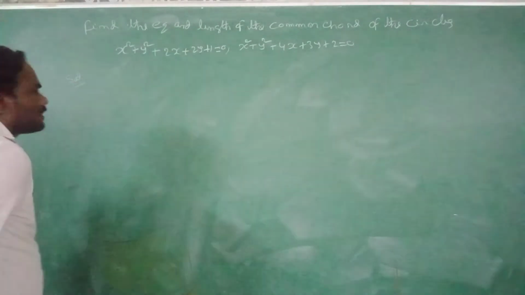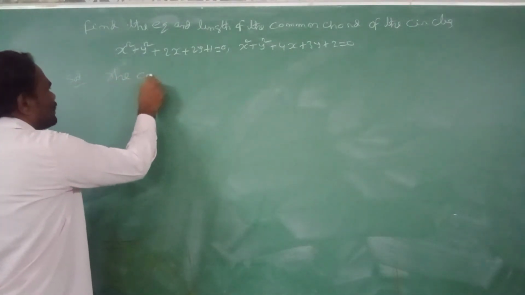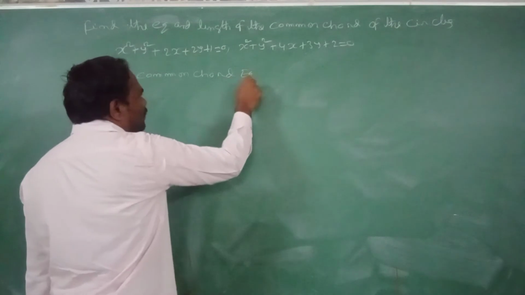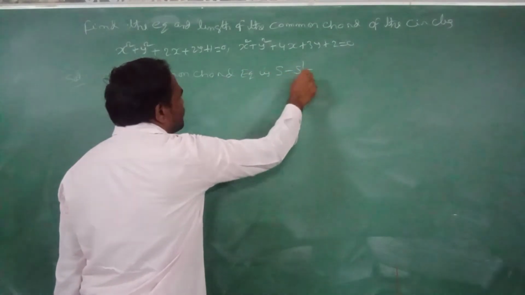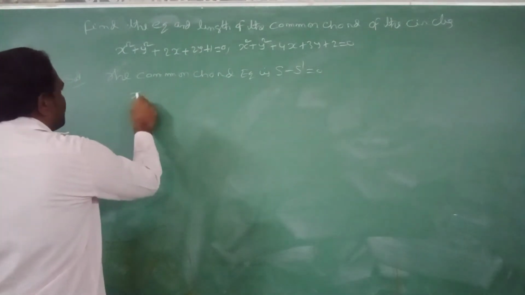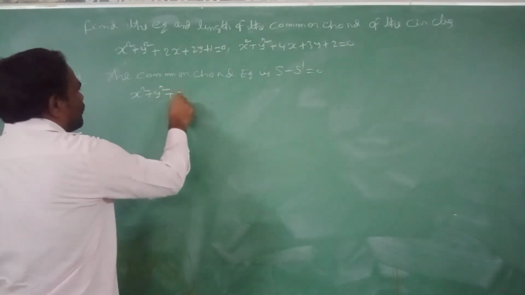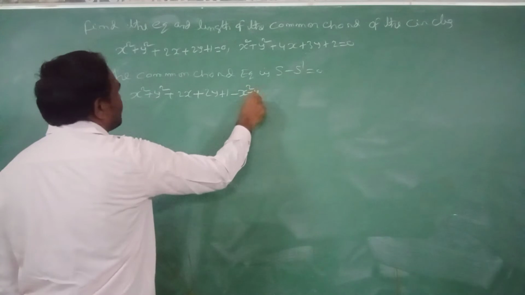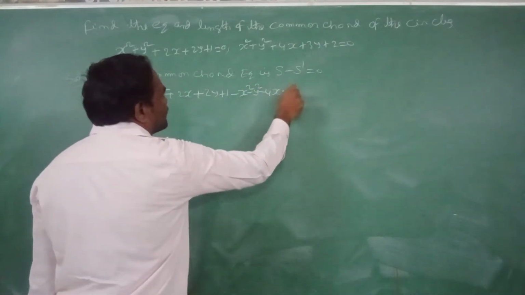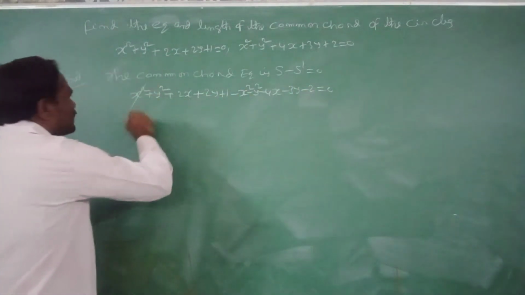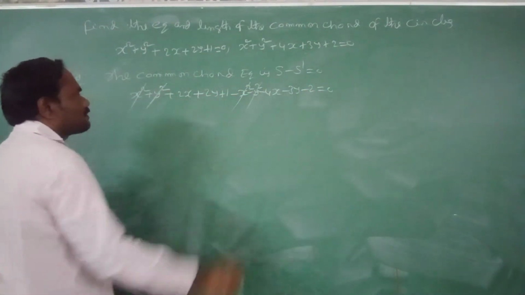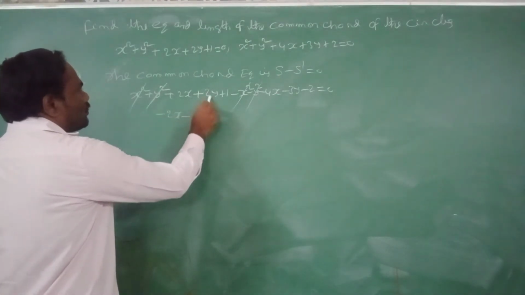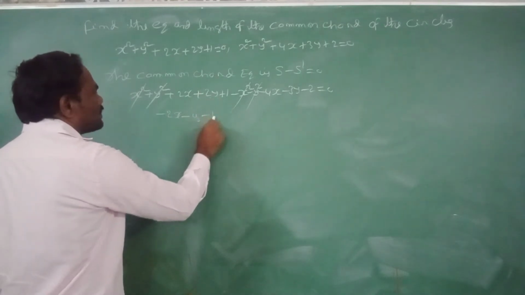The common chord equation is S − S' = 0. So x² + y² + 2x + 2y + 1 − x² − y² − 4x − 3y − 2 = 0. The x² terms and y² terms cancel. 2x − 4x is −2x, 2y − 3y is −y, and 1 − 2 is −1.